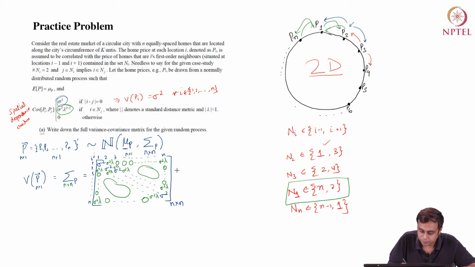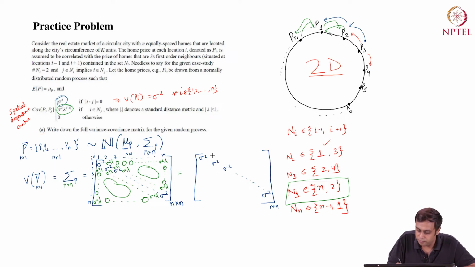So this matrix that I've written down here is the variance covariance matrix of the given random process. I'm going to write it again just so it is absolutely clear. So it's n by n, all the diagonal elements are sigma squareds.